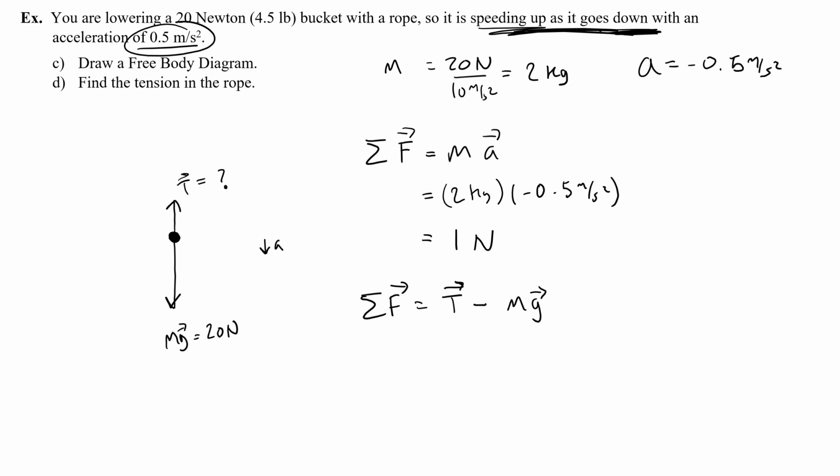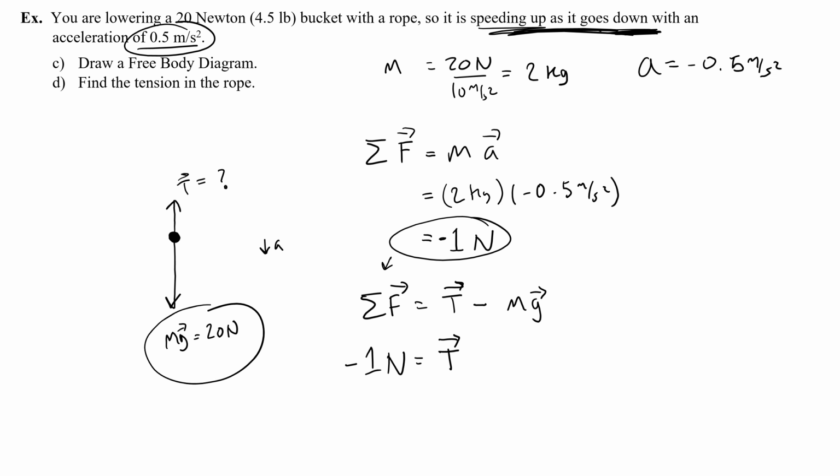Real quick. 2 times negative 0.5 is negative 1, so that should be a negative 1 Newton. Okay. So here's what we do. I take my negative 1 for the net force, and I plug it in here. Negative 1 newtons equals T, that's what I want to find, and then I have negative 20 here.